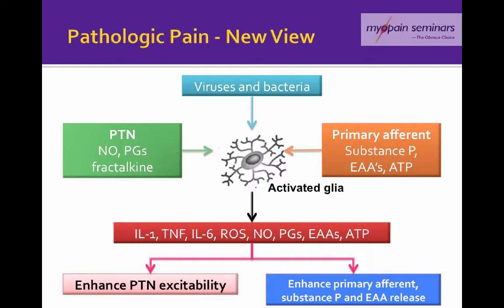These changes are created by glial activation of the p38 mitogen activated protein kinase pathways and the release of nitric oxide, reactive oxygen species (ROS), excitatory amino acids, prostaglandins, and pro-inflammatory cytokines such as interleukin 1, interleukin 6, tumor necrosis factor, and nerve growth factor. So it gets very complicated, but again, many of these chemicals are also found in the immediate milieu of active myofascial trigger points.